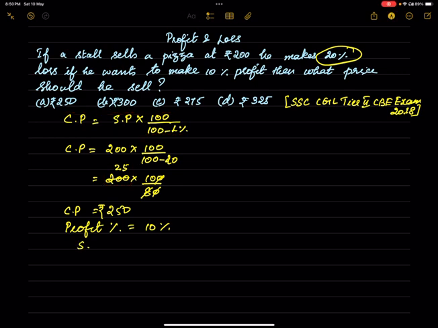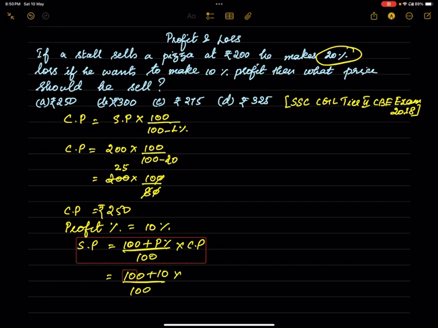We have to find out the selling price. So selling price is equal to 100 plus profit percentage by 100 into CP. This is the formula. What is the profit percentage here? 10. 100 plus 10 by 100. This 250 is CP we got.